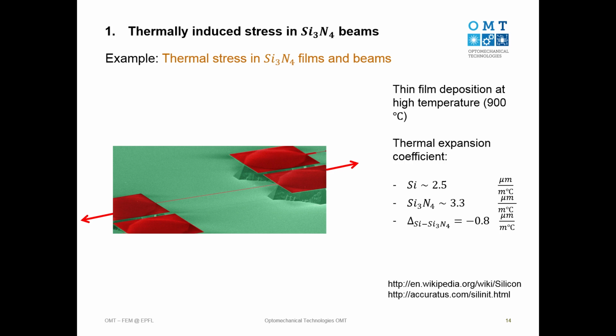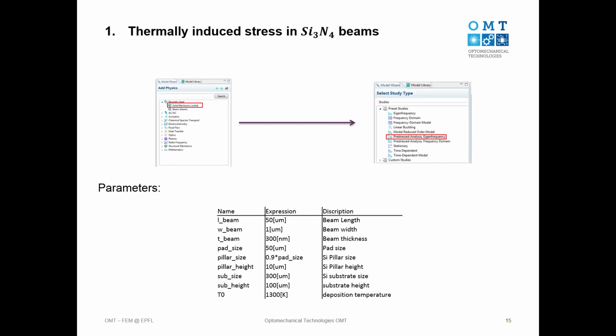The only difference here is that, remember how we inserted initial stress in these films? We would right-click on this. I said initial stress and strain back then, but now, I told you I would come back to this, thermal expansion. This is the way to model thermal expansion in structural mechanics.